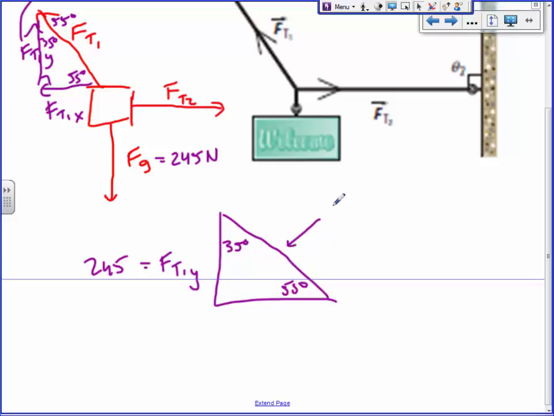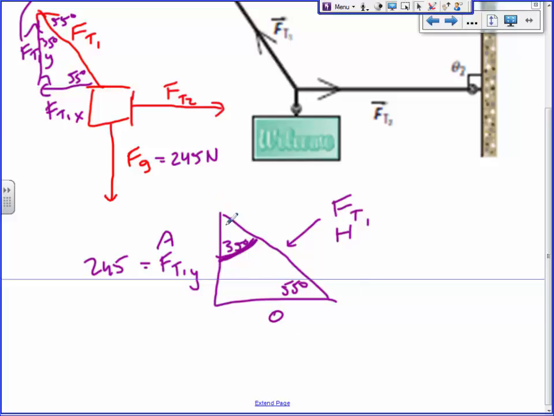How do I find the tension in the rope itself then? I just use some trigonometry. Which angle do you want to work with? It doesn't actually matter which one we pick. 35 or 55? Sure, 35. Let's go with 35. Based on the 35 right here, this side here would be the adjacent. This side right here would be the hypotenuse. This side here would be the opposite then, right?